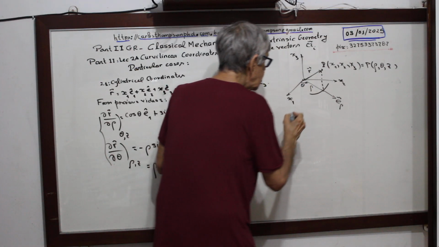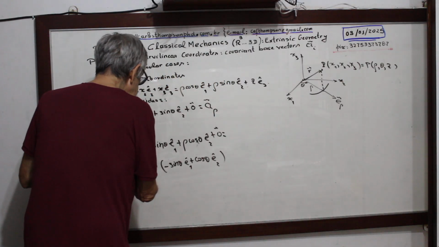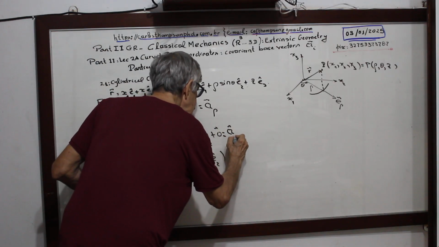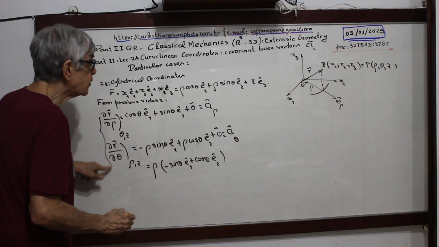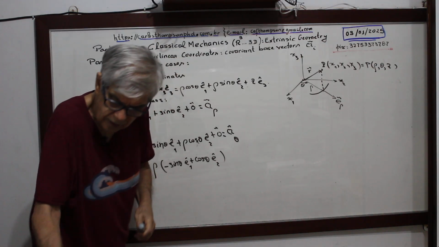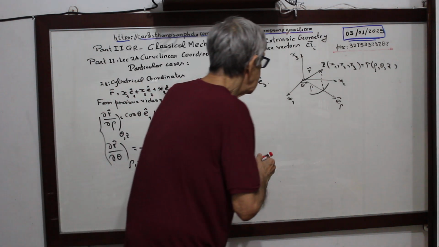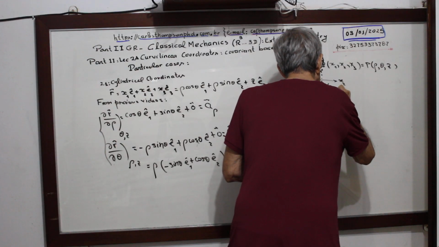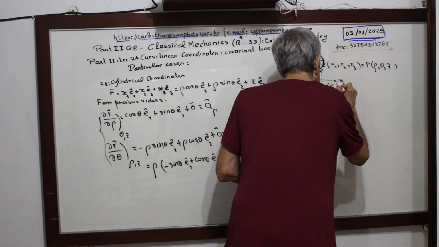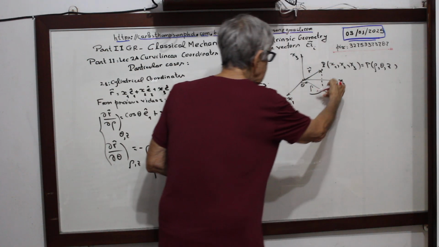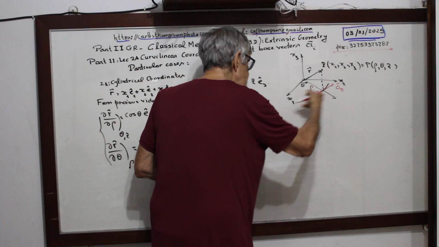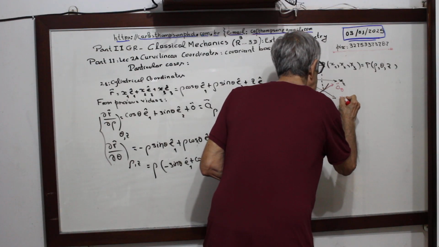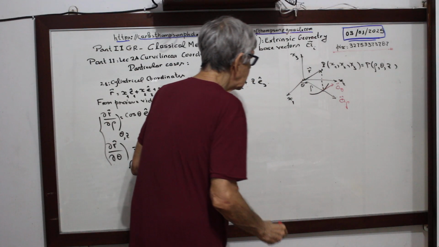Then, the partial derivative of this I can write as A theta. There's a tangent vector. My goodness, look at that, how simple. I'll write here A rho. This is A theta, which is tangent to this curve. Okay, this is a curve. And this is A rho.